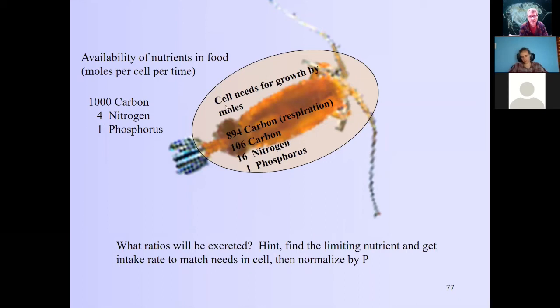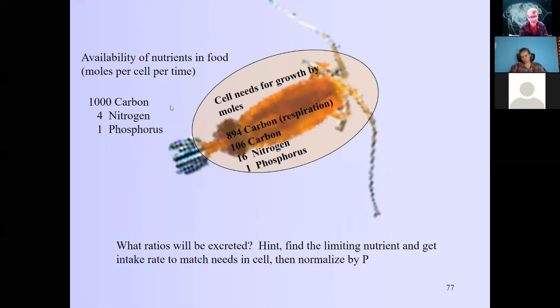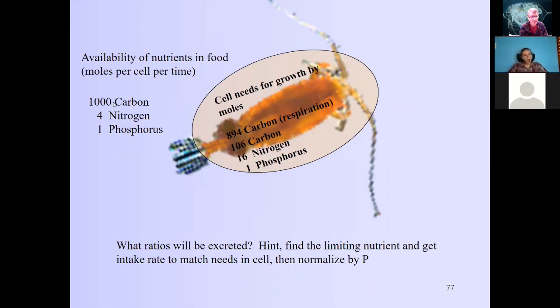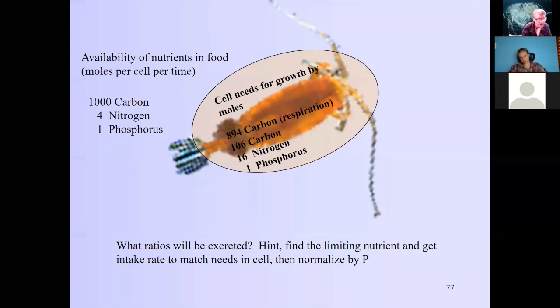Now we've got this copepod, and it's eating this food, right? And it's eating food that's 1,000 carbons, 4 nitrogen, and 1 phosphorus. What's the limiting nutrient in this case? Right, so you can sum these two. Good, Trevor, good. Morgan, we got a couple saying nitrogen, right?